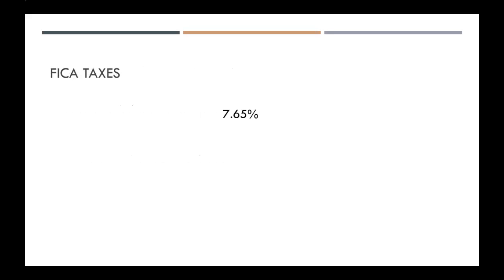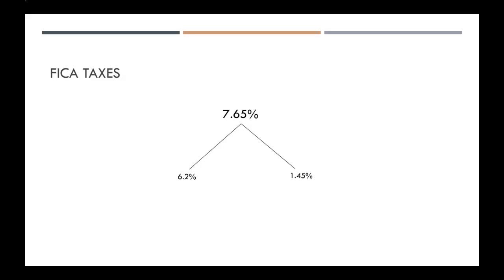Now, one of those deductions is FICA taxes. So we're told FICA tax has this percentage of 7.65%. That percentage comes from somewhere. It comes from a 6.2% tax and a 1.45% tax.